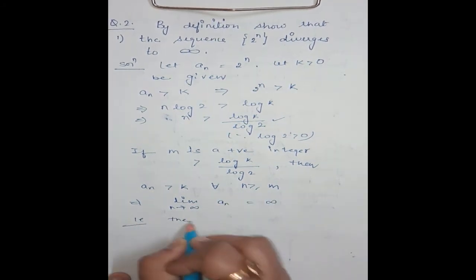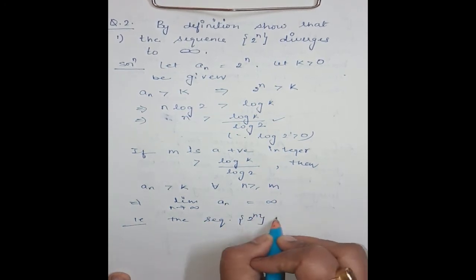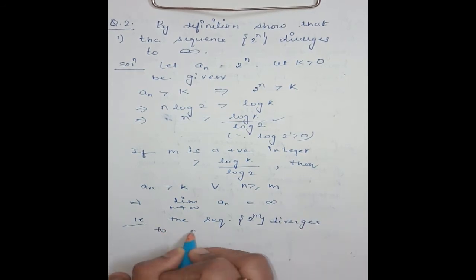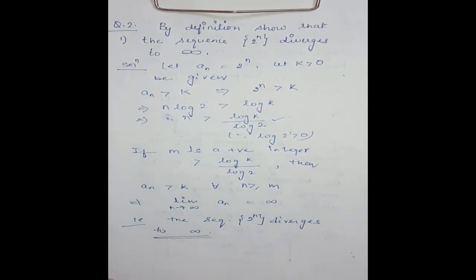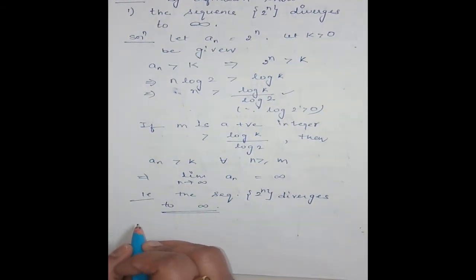That is, the sequence 2^n diverges to infinity. Hence proved. Okay, now clear.